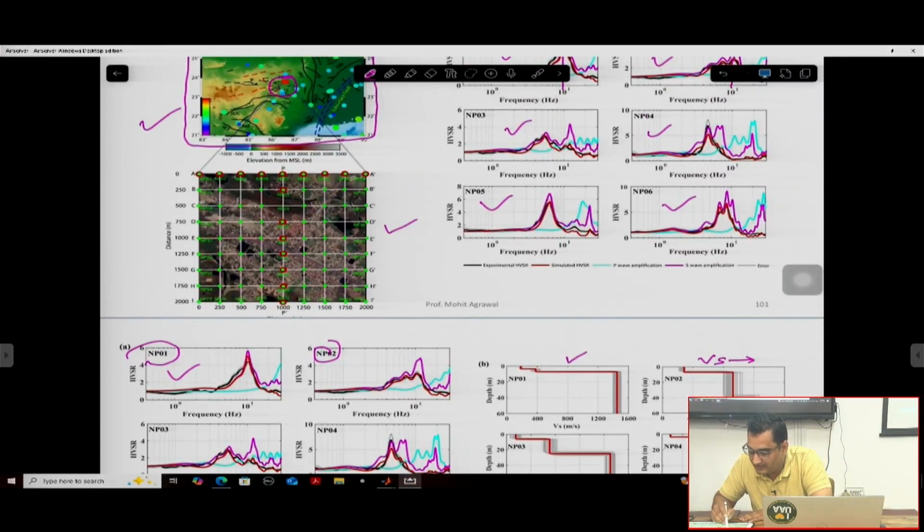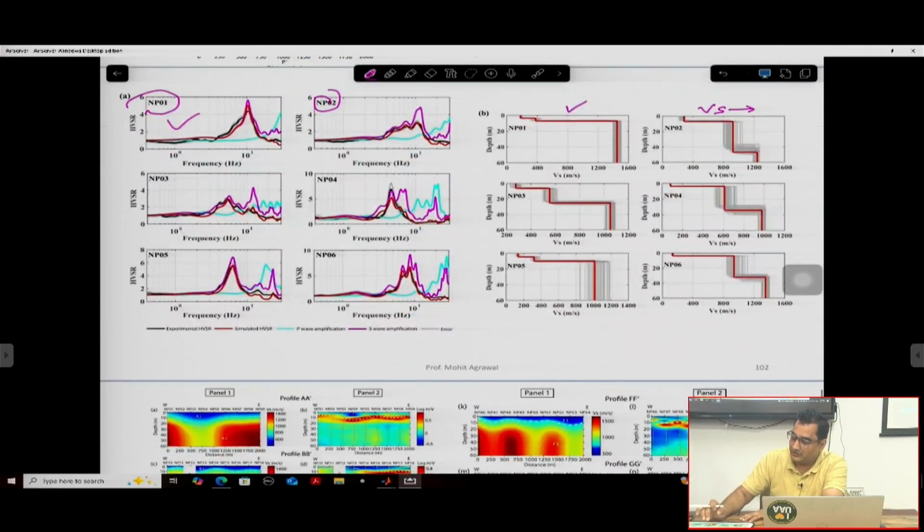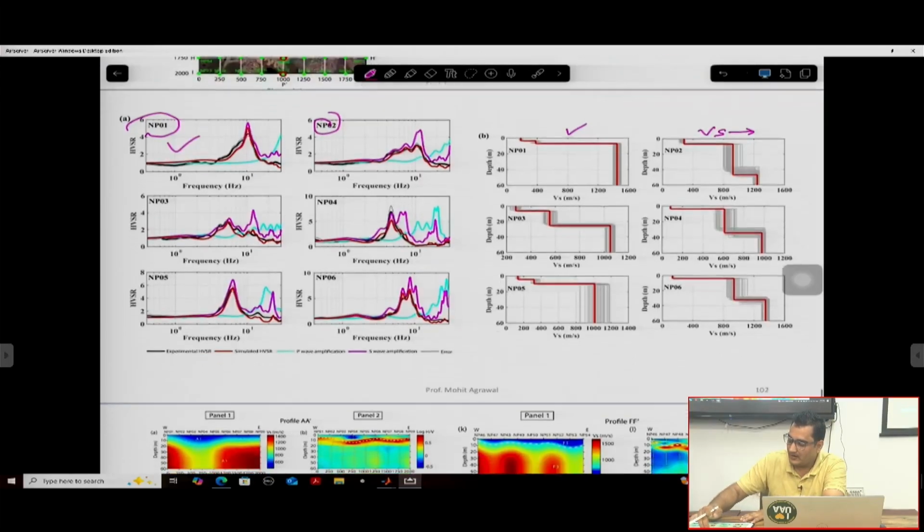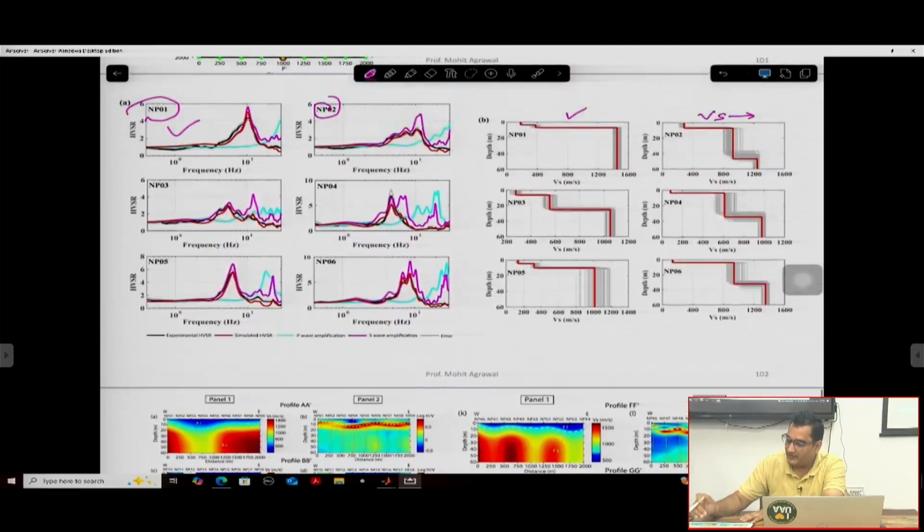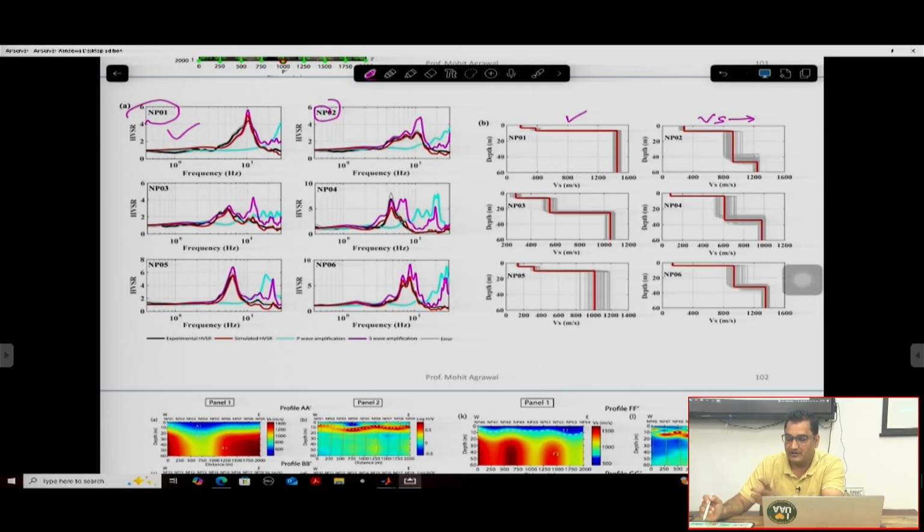So like this is NP01 point, this is NP02. Likewise, there are several points they have basically taken. So some of the points' data have been shown in the paper, and others went into the supplementary material. And then after doing the 1D modeling, he basically developed the shear wave velocity model in 1D with respect to depth.